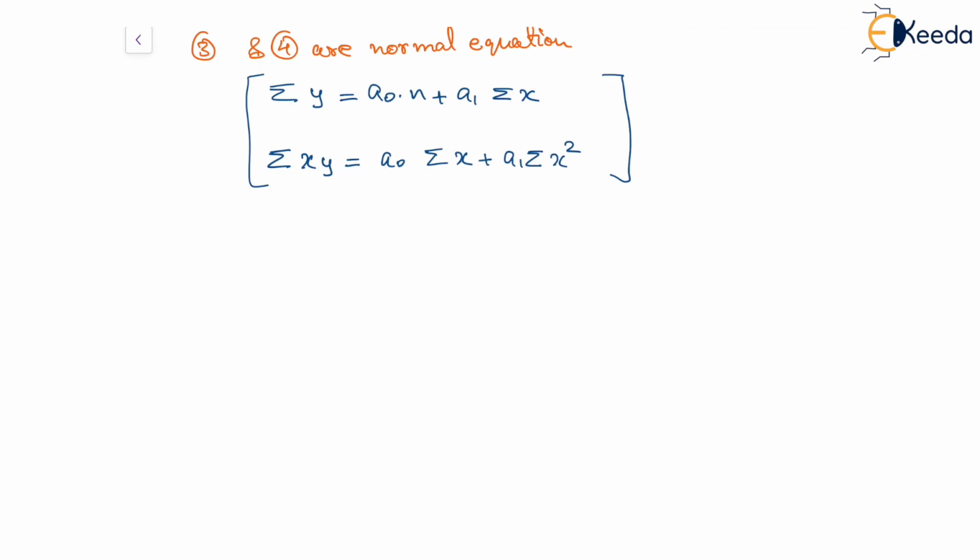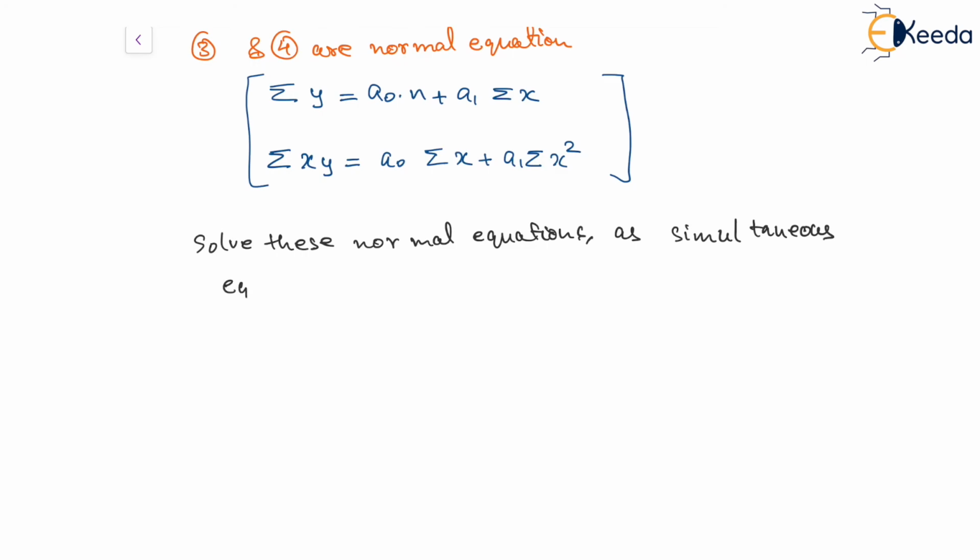Now all we need to do is solve these normal equations, which are actually simultaneous equations, and then we can find the values of a0 and a1.